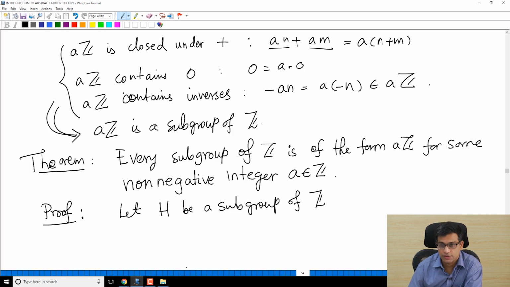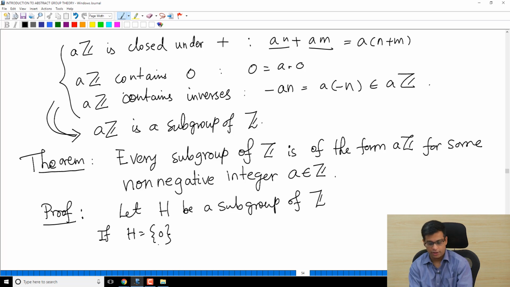We are going to first consider the case that H is 0. That is certainly a possibility, right? 0 by itself is a subgroup of Z. If H is just 0, then is it of the form aZ?